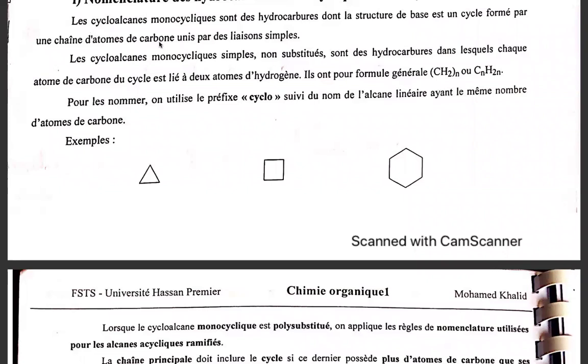Either way, we still have to count the number of carbons that make up the shape. Then for the branching off, we have to look at the alphabetical order. Like ethyl and methyl, which one comes first in the alphabet? You say ethyl. So we'll name them according to that, and we'll start counting from the first one, which is ethyl. That's what I understood.